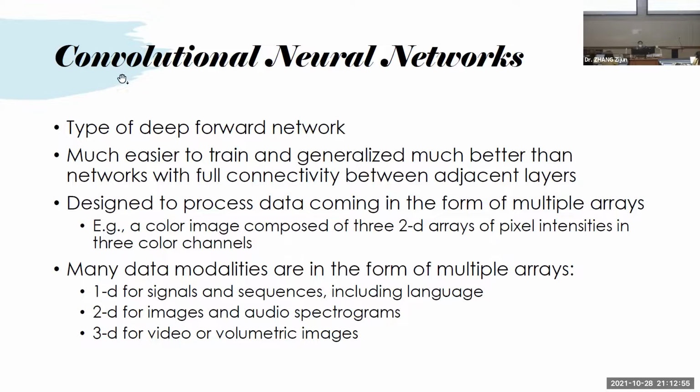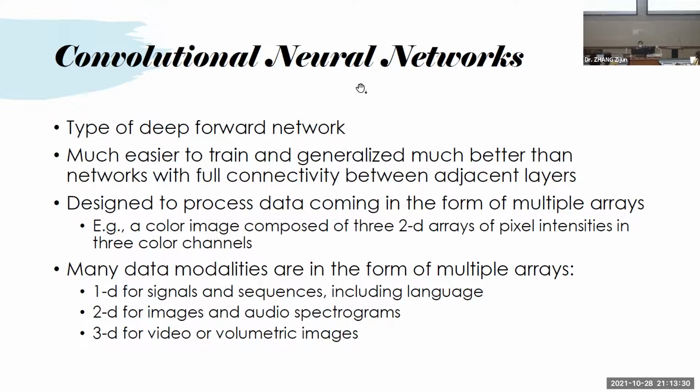Next we talk about the convolutional neural network. In deep learning, nowadays people talk about two very famous types of deep networks. One is called the convolutional neural network, another is called the recurrent neural network. The convolutional neural network is like DCNN, deep convolutional neural network. Other famous architectures are ResNet, AlexNet, and DarkNet 53.